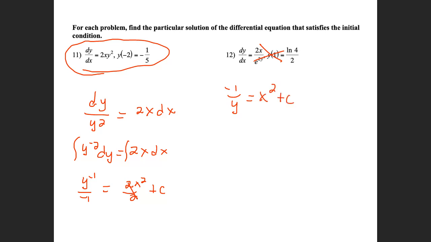My values, so I've got negative 2. So if I put negative 2 in here, negative 2 squared is 4 plus c. And then I have negative 1/5. So that's going to be negative 1 over negative 1/5, which turns out to be positive 5, if I'm not mistaken. So I end up with 5 is equal to 4 plus c. So c is equal to 1.